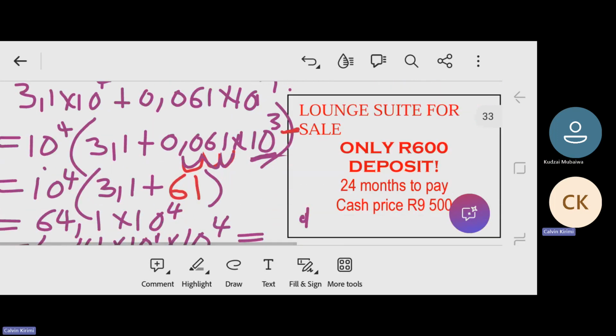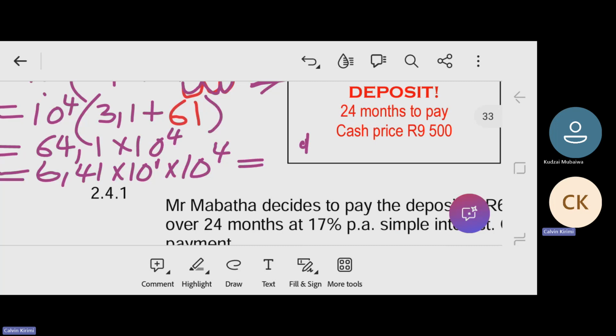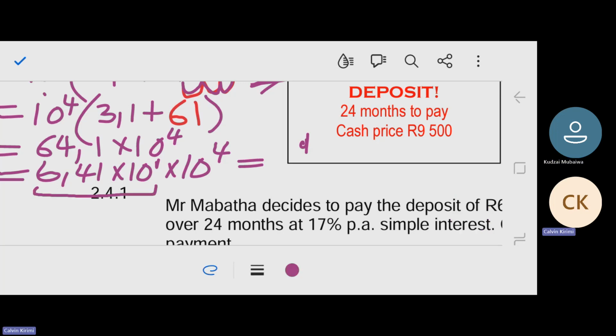Since we are having 64,1, the number 64 is not between 1 and 9, isn't it? Yes, sir. So how do you put that 64,1 to a number between 1 and 9? By writing 6,41 times 10 to the power 1 times 10 to the power 4.